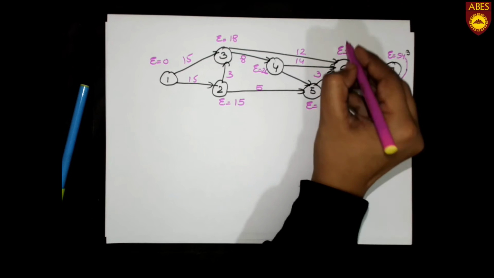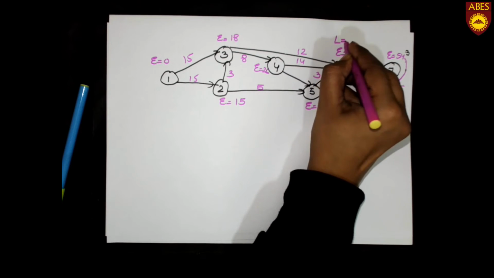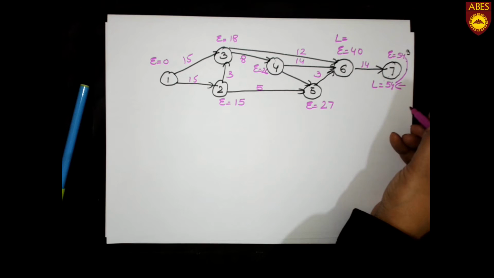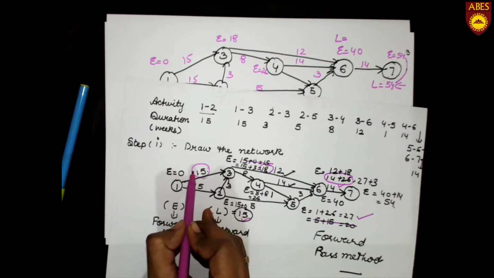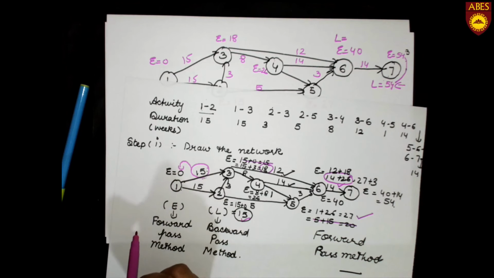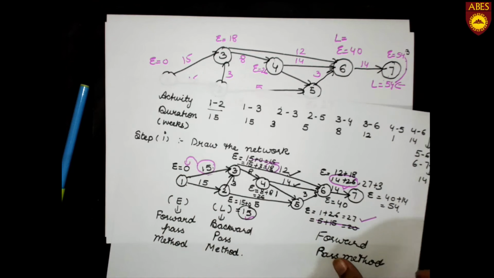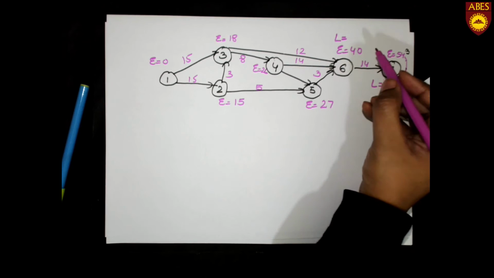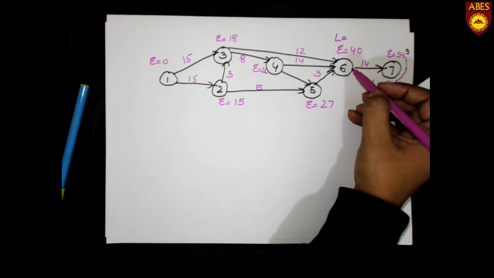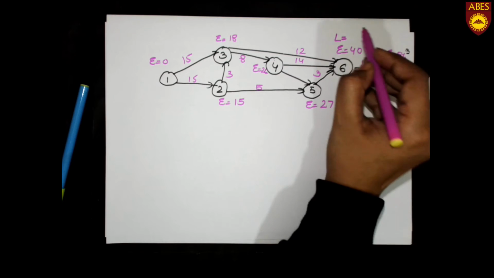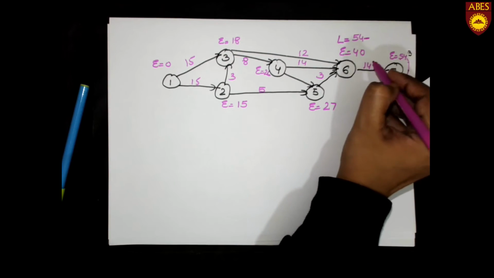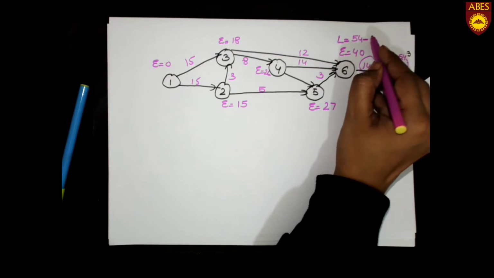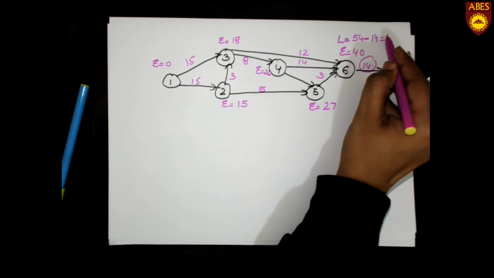So in forward pass method, what we did was we added the duration to the previous activity. But in your backward pass method, what we will be doing is subtracting. We take 54 minus 14 from the succeeding activity, which is equal to 40.